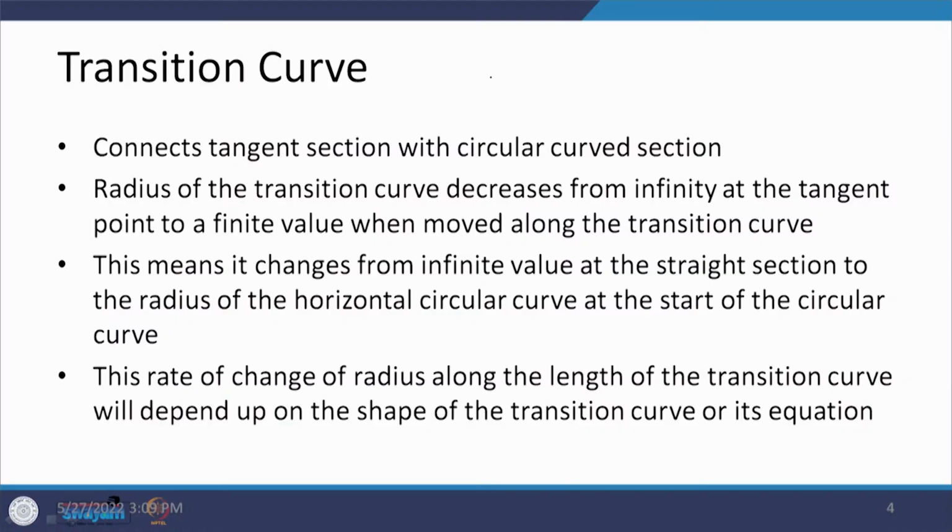The transition curve, as we have been saying again and again, is nothing but this: we have a straight section, which is also defined as a tangent, and we have a curved section, and the straight section and the curved section are connected smoothly by way of a curve.